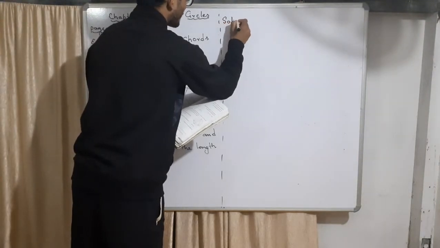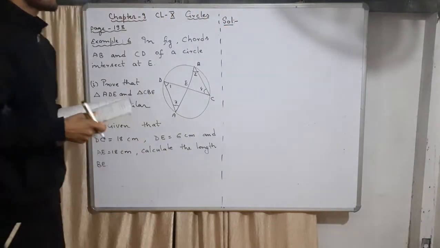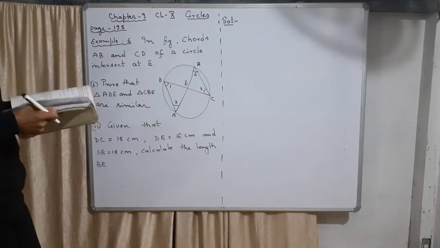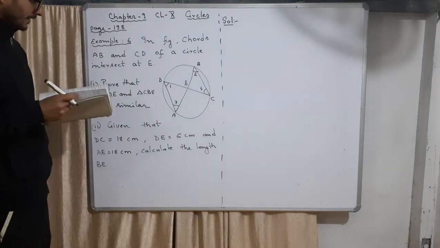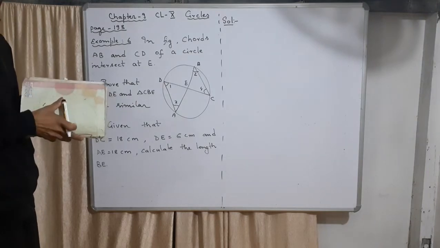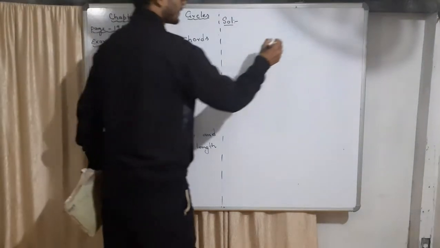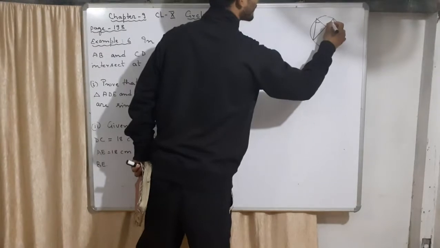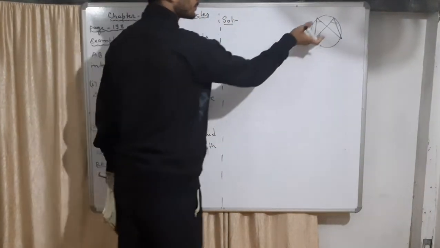This question goes like this. Now, you remember there was a theorem: angles in the same segment of a circle are equal. If there is a circle, these two angles were equal. Remember, same segment.